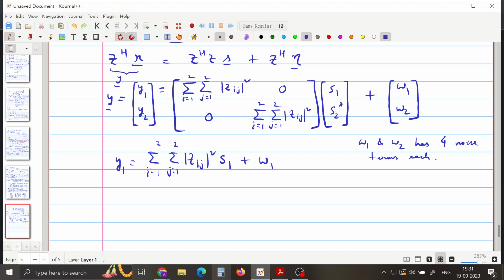I'm just writing this LHS here and comparing this RHS here. So the first entry of the vector on the left hand side is y1, that will be equal to this, right?